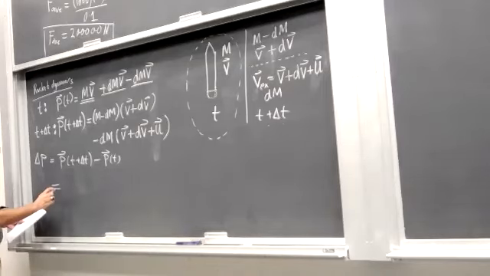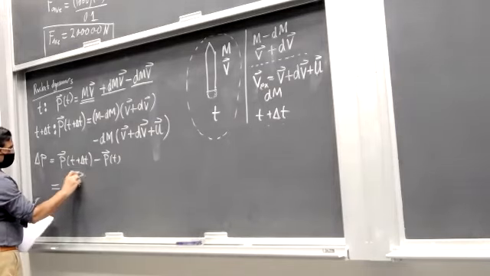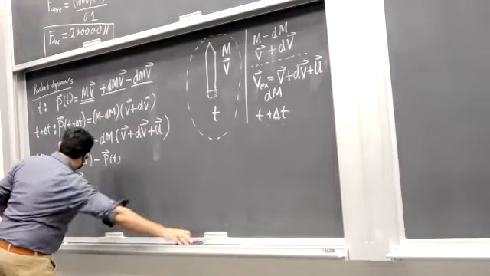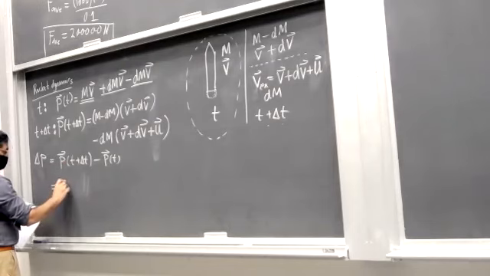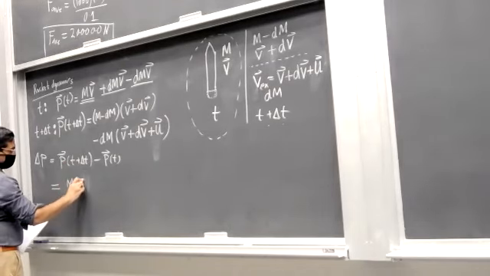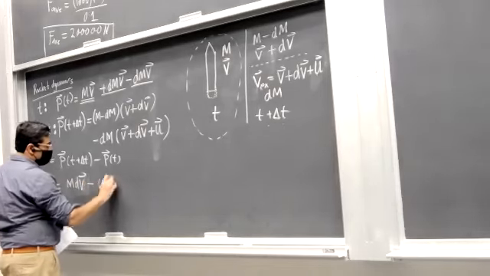So what is the answer? No one has been able to figure out. Okay, then you can check against this: m dv minus u dm.